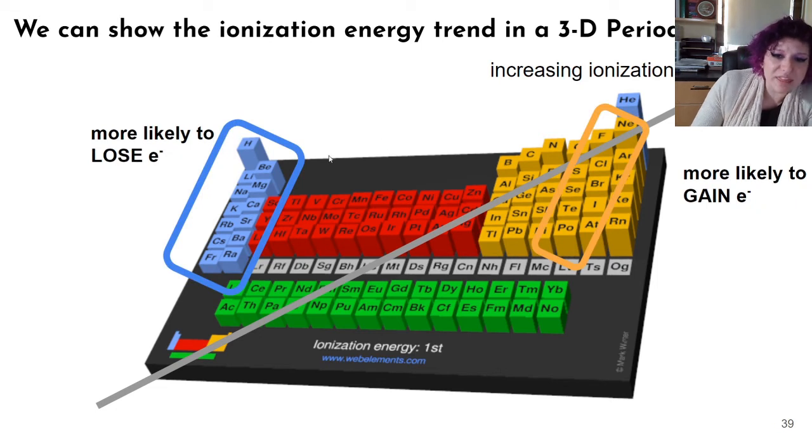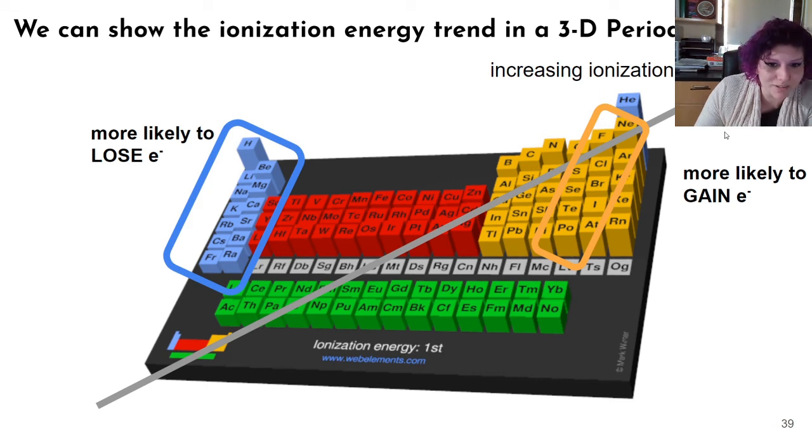So if we think in terms of whether it gains electrons or loses electrons, over here on the left, it doesn't take that much energy to pick off those electrons, so they're more likely to lose an electron. But this area over on the right, they are more likely to gain an electron than actually lose it.